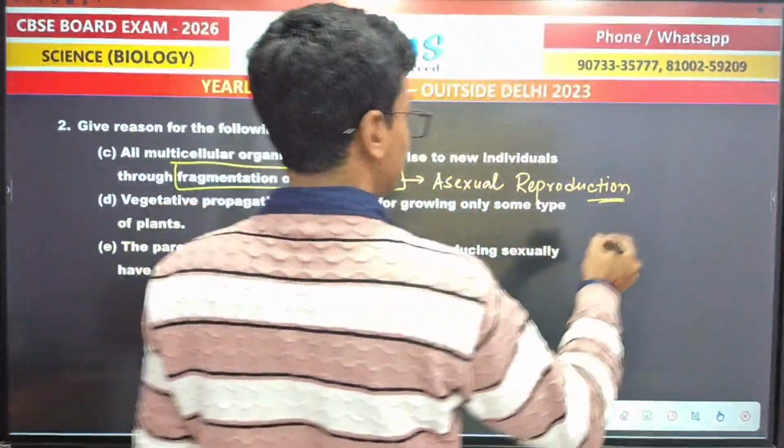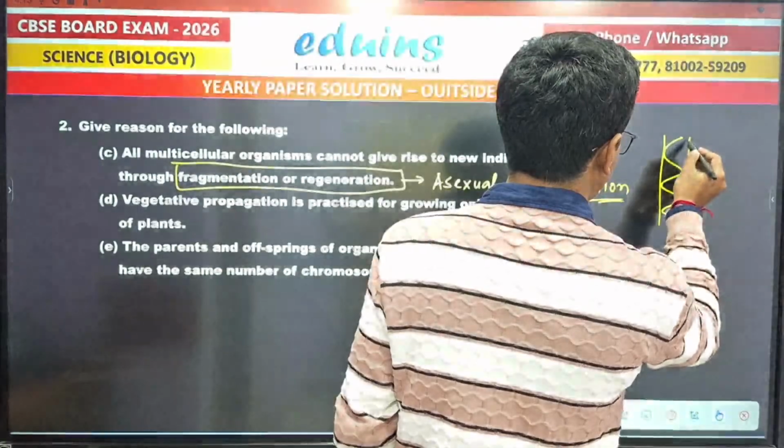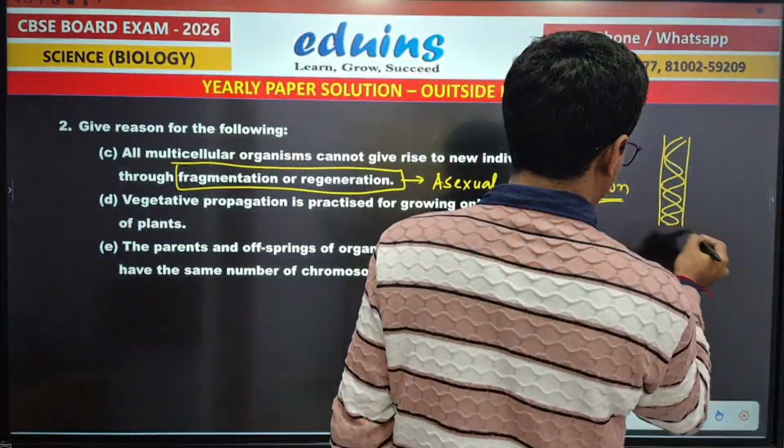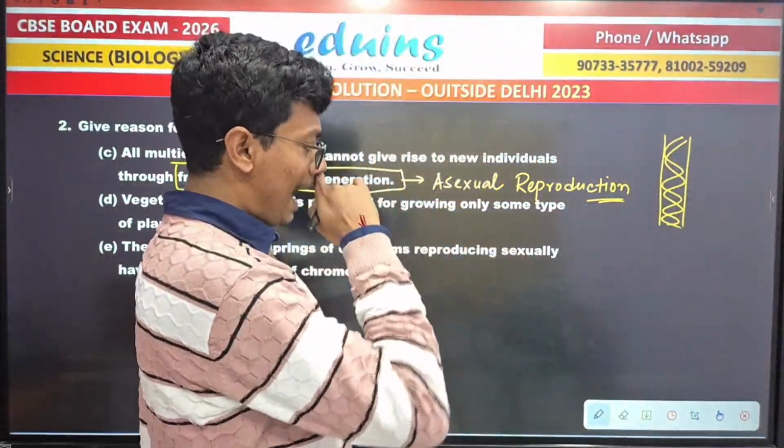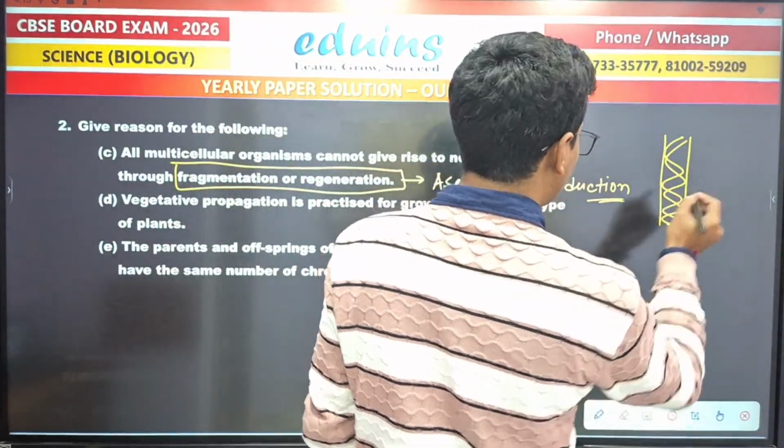For fragmentation, we know fragmentation occurs in the case of Spirogyra. And what happens in Spirogyra?